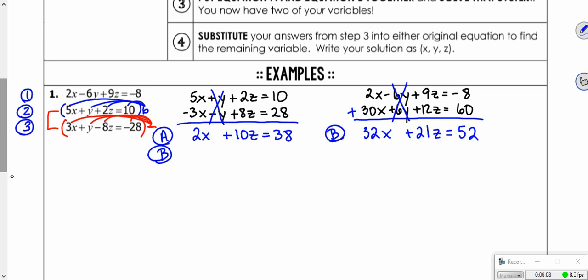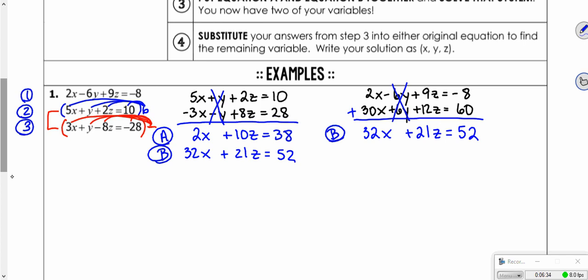So I've got 32x plus 21z equals 52. Now, looking at these, it looks like x would be the easiest one to eliminate because 32 is a multiple of 2. Although it's a large one, it's a multiple of 2. So what would I need to multiply my equation A by to get the x's to eliminate?